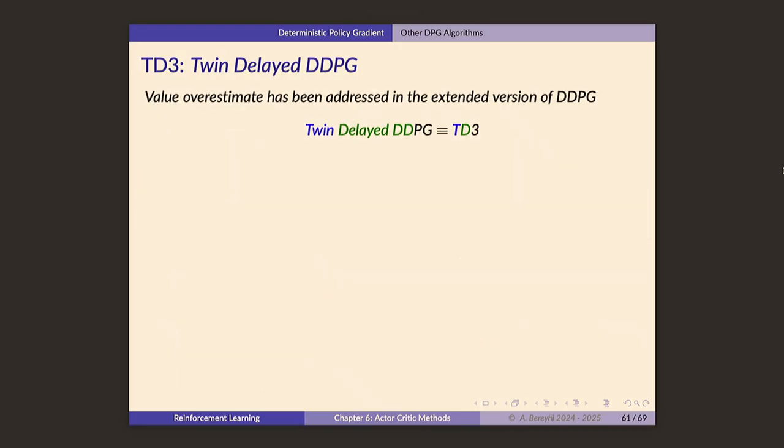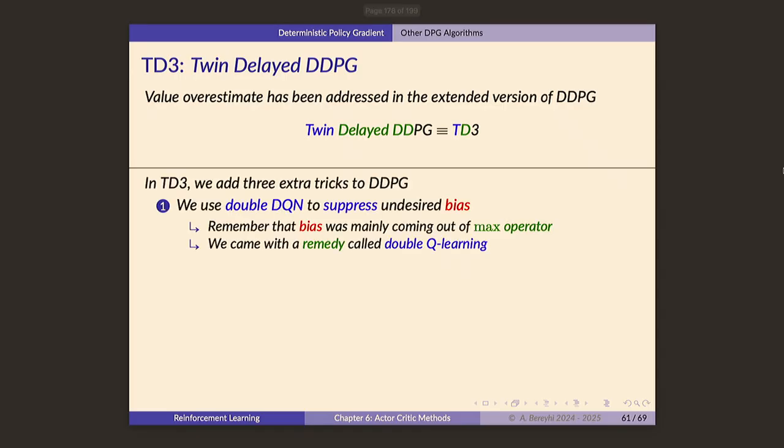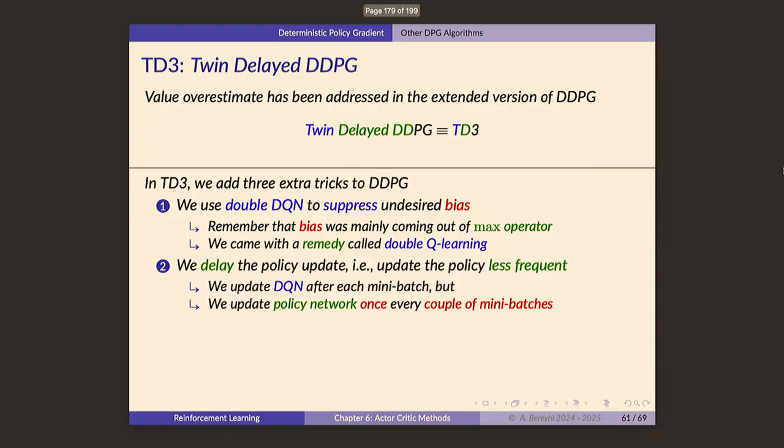So this is twin delayed DDPG, or TD3, and this is the algorithm. This is basically double deep Q learning. It also has some extra tricks. For example, the delay term is the difference between the update frequency of the Q network and the policy network.